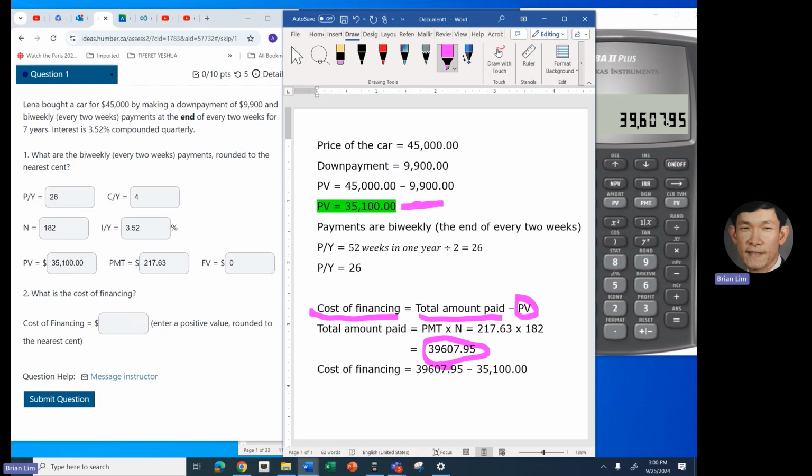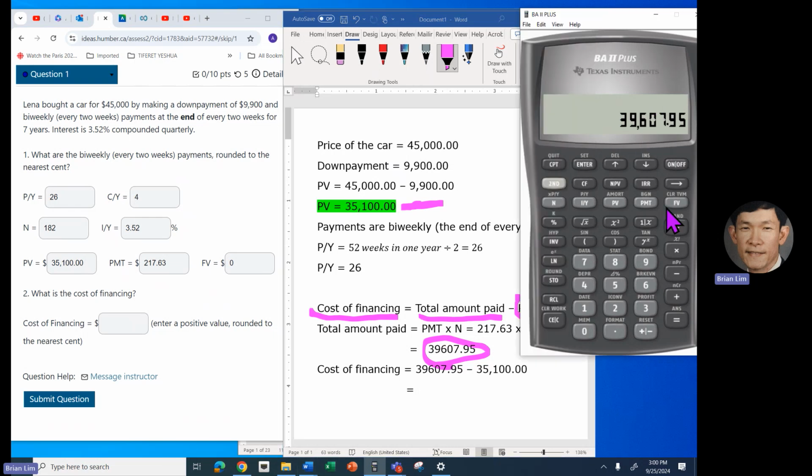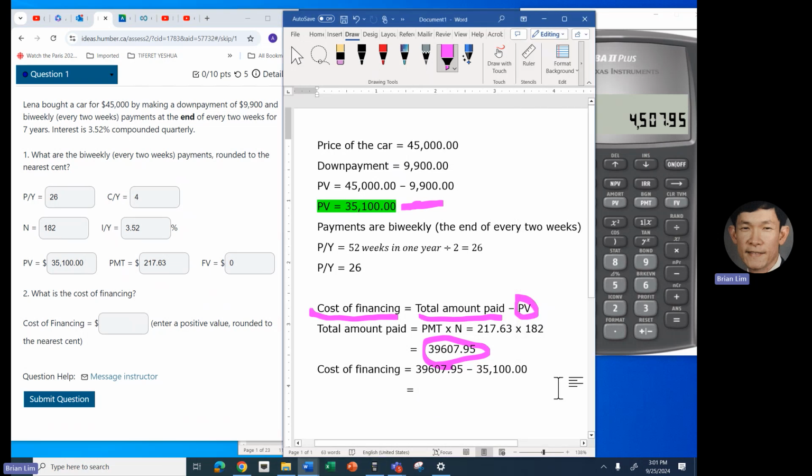We have 39,607.95 and we subtract 35,100. And that gives us 4,507.95. So the number down here would be $4,507.95.